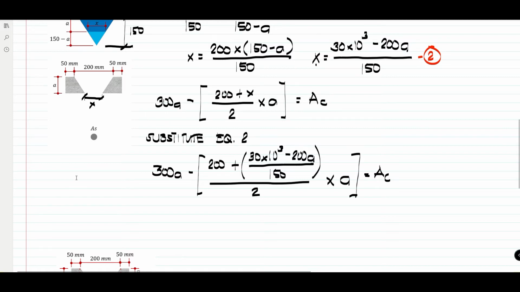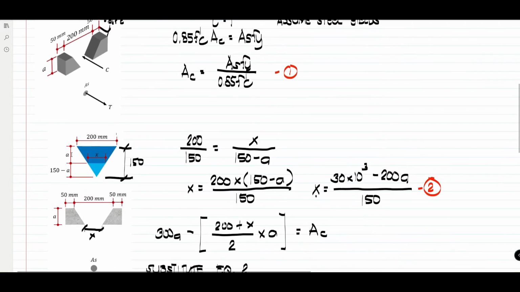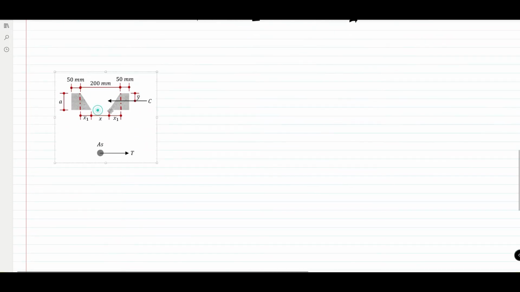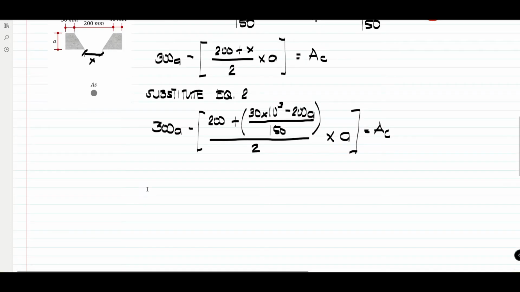Ngayon, kung mapapansin natin, yung AC kasi natin dito is may equation na nasa taas. So, pwede natin i-substitute itong equation 1 dito sa equation na to. So, substituting equation 1, ilipat lang natin itong figure na to dito.